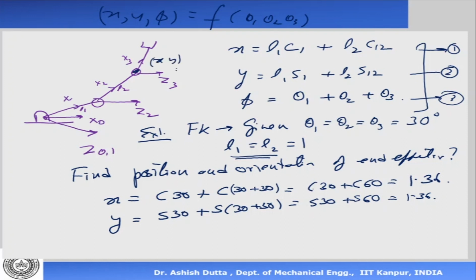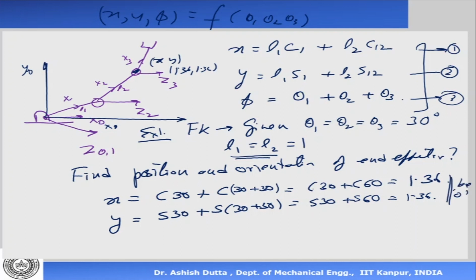The coordinate of this point is 1.36, 1.36. That we have got from forward kinematics. With respect to which frame? With respect to the 0 frame. This is my Z0, this is my Y0, this is my X0. So with respect to the base frame, 0 frame, we are getting this.